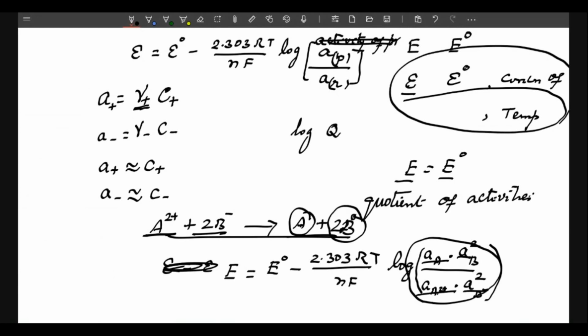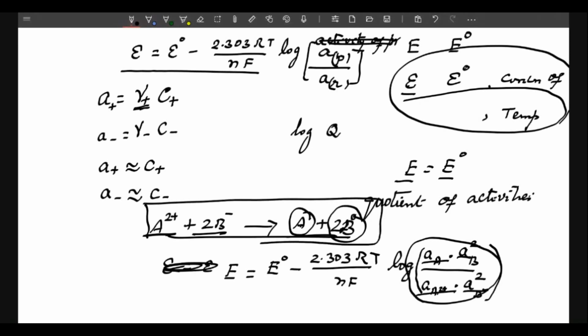Okay. And when will you write the Nernst equation in the form of epsilon and epsilon naught for the electrode? How can I say where I have to write the relationship between epsilon and epsilon naught, or E and E naught? Look at the cell reaction given.